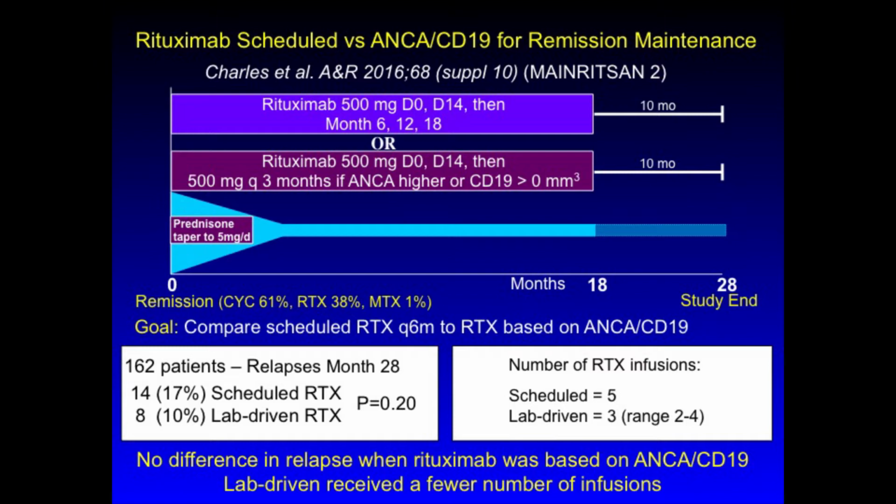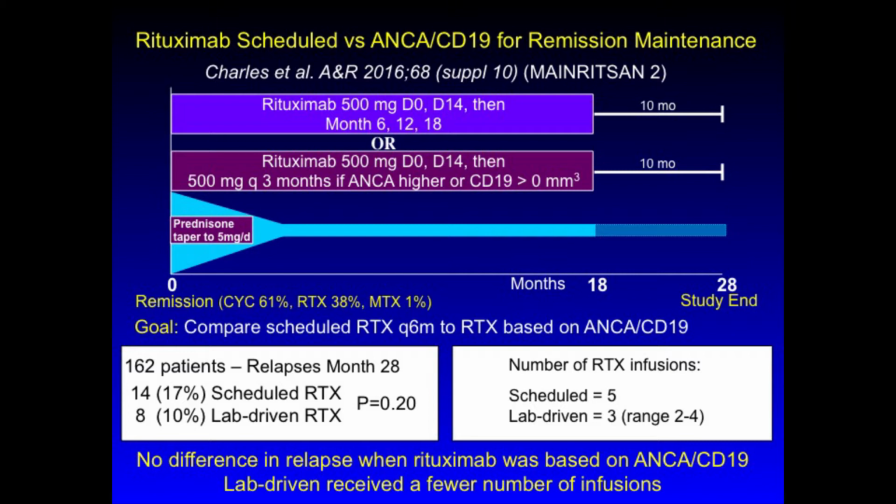We also heard at the ACR in the late-breaking session the next phase of this study, MAINRITSAN 2, which compared scheduled rituximab given every 6 months through month 18, compared to rituximab that was given based upon lab-driven results as far as ANCA and B-cell depletion as measured by the CD19 count.